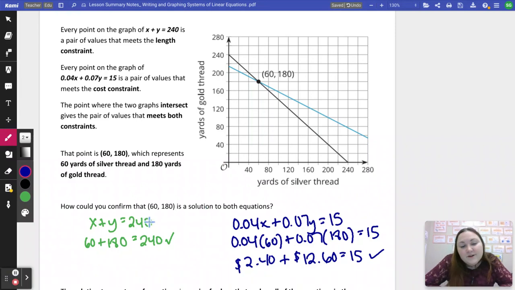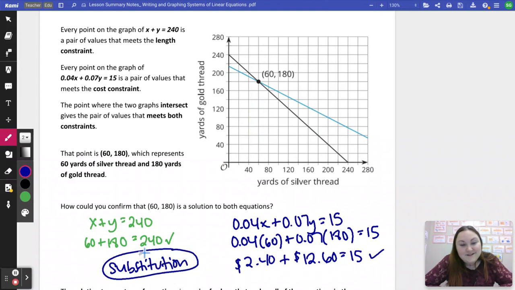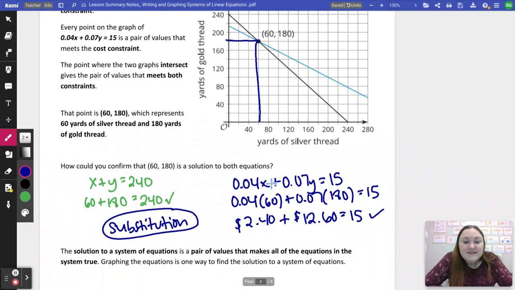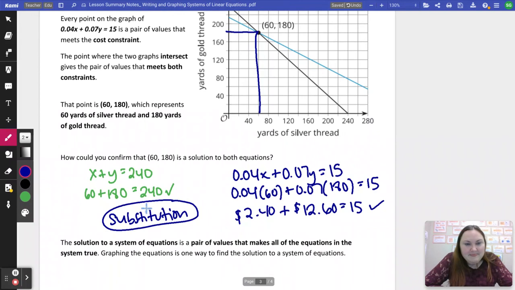So we can confirm that a point is a solution point using substitution. That's going to be the key if you're trying to check and see if something is a solution point if you don't have a graph, right? If I have the graph, I can just find that point on our graph. So to summarize what we're seeing here, the point 60, 180 is the point we call our solution point.